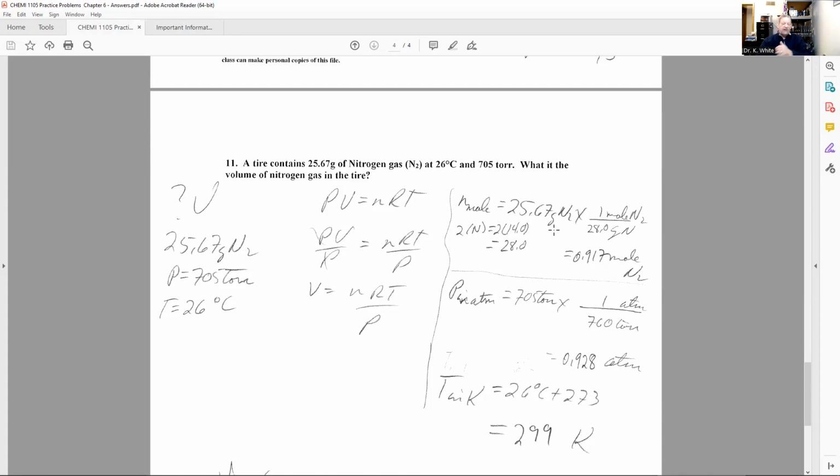25.67 grams of nitrogen, and we want to go to moles of nitrogen. And where do you get the things you put in a ratio to convert it? Remember, use your good friend, unit analysis. The mole goes on top, and whatever you're trying to get rid of, grams of nitrogen, goes underneath.